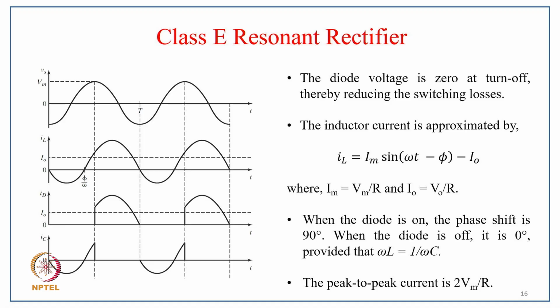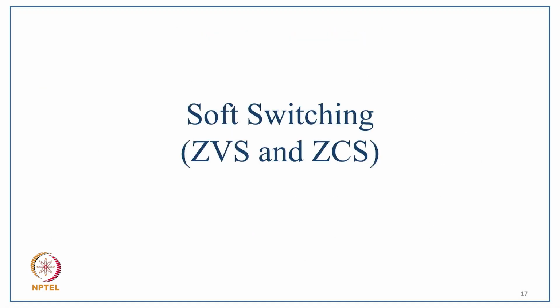The diode voltage is 0 at turn off, thereby reducing the switching losses, and the inductor current is approximated by IL equals Im sin(omega t minus phi) minus I0, where Im equals Vm upon R and I0 equals V0 upon R. When the diode is on, the phase shift is 90 degrees, and when the diode is off it is 0 degrees, provided that omega L equals 1 upon omega C, and the peak to peak current is 2 Vm upon R.